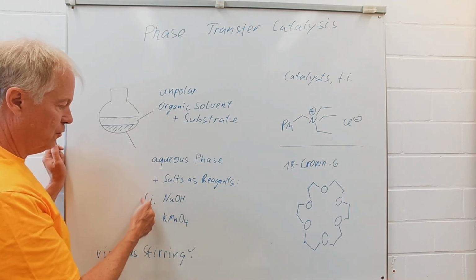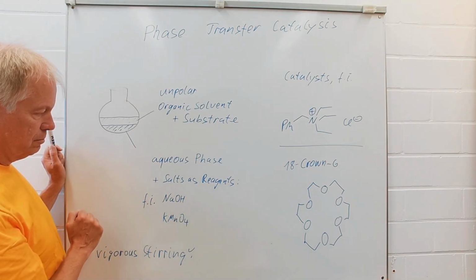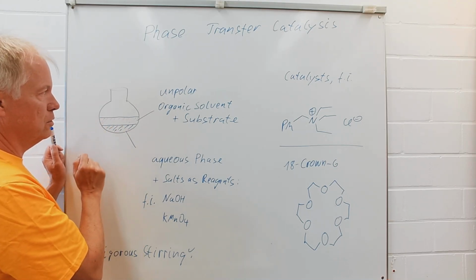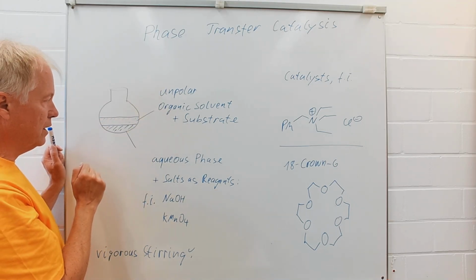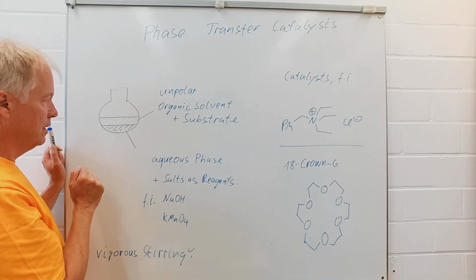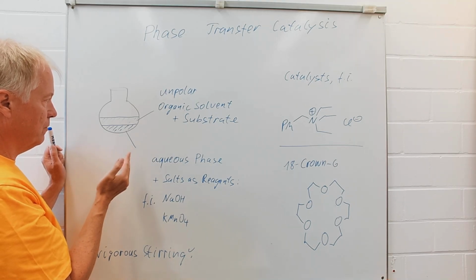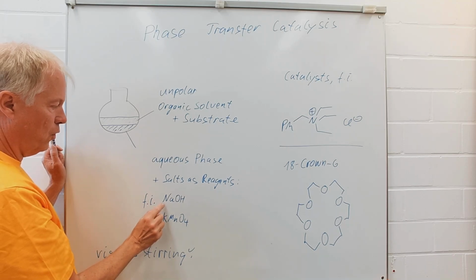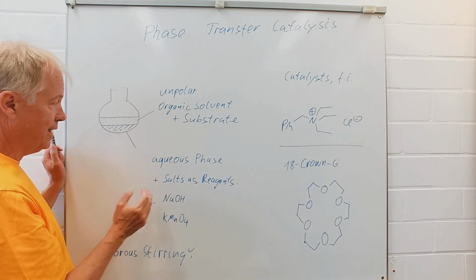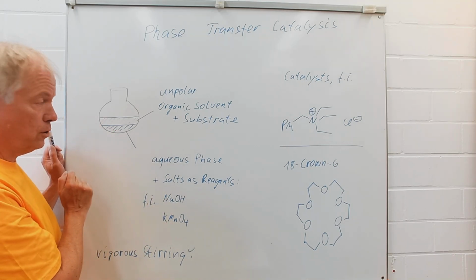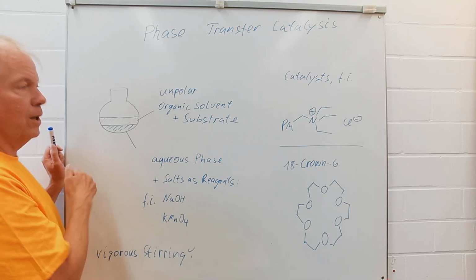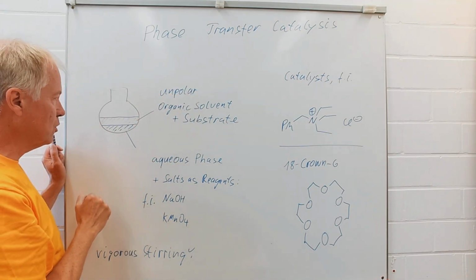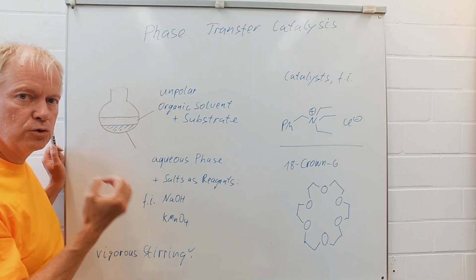Since those salts are practically insoluble in the unpolar organic solvent, we need something that helps the transfer of those reactive salts into the organic phase. Well, if we would simply choose a polar organic solvent, then we won't have those two phases.